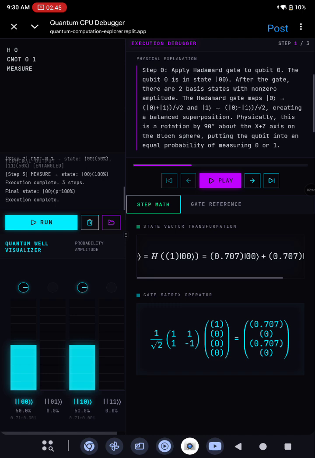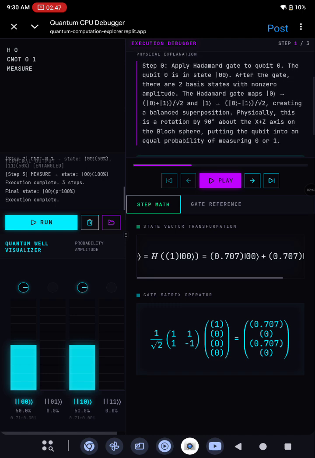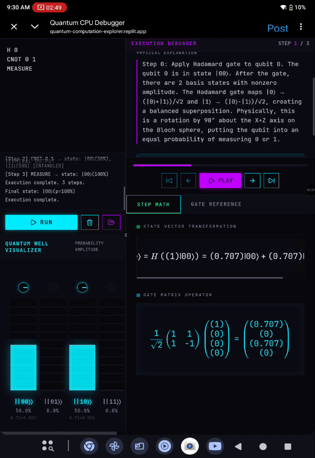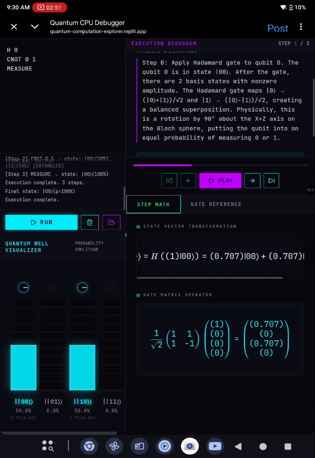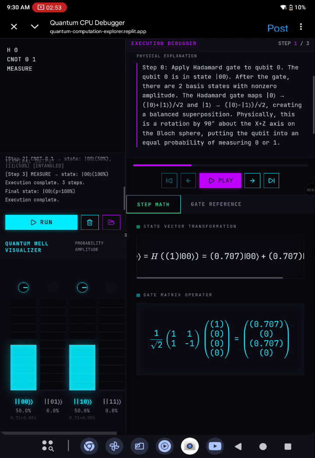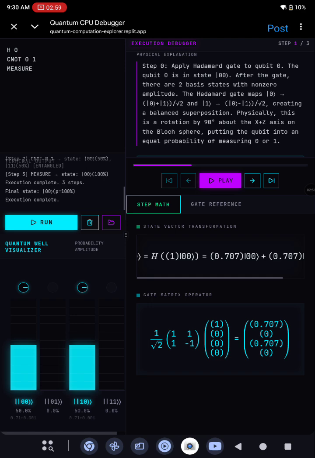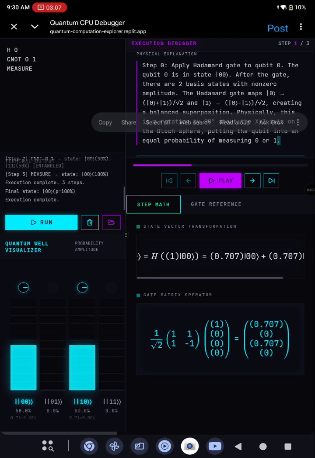The Hadamard gate maps state 0 to, that's not an entanglement, that's a superposition. State 0 plus state 1 divided by the square root of 2, and state 1 taken to the superposition, state 0 minus 1 over the square root of 2, creating a balanced superposition.